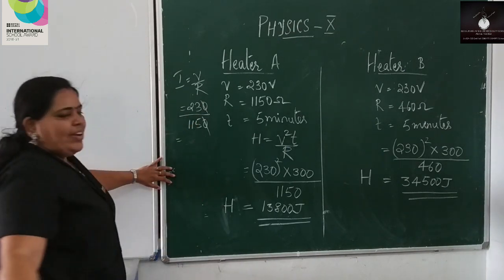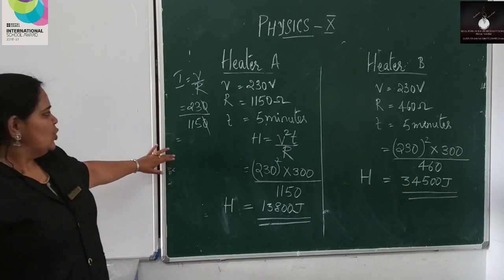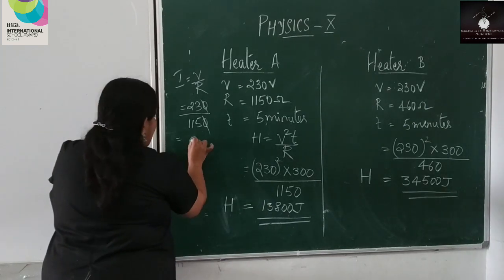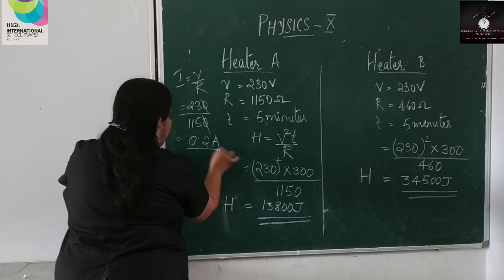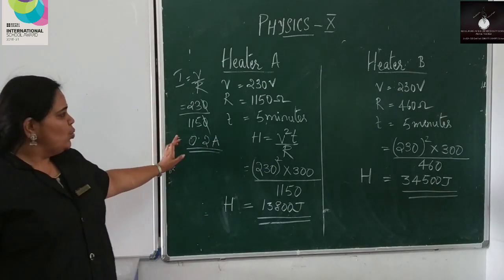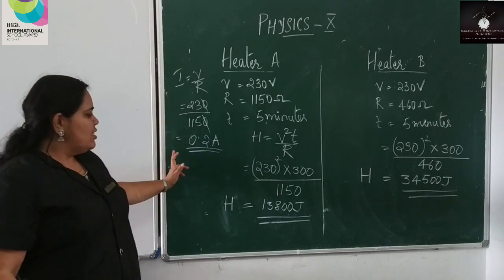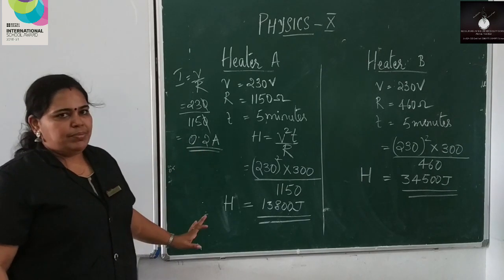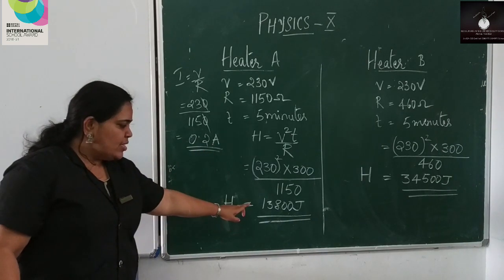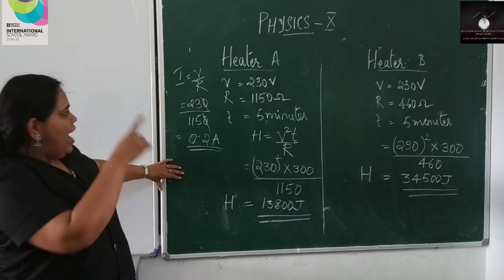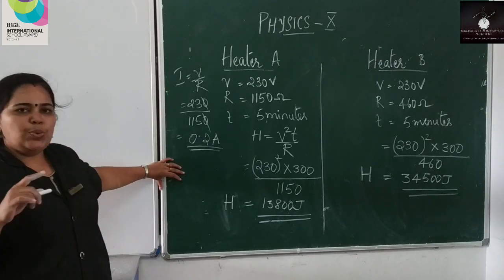Okay, divide and find out. So we can see current is 0.2 ampere. The current flowing through heater A is 0.2 ampere. Understood? Heat produced is 13,800 Joule and current is 0.2 ampere.